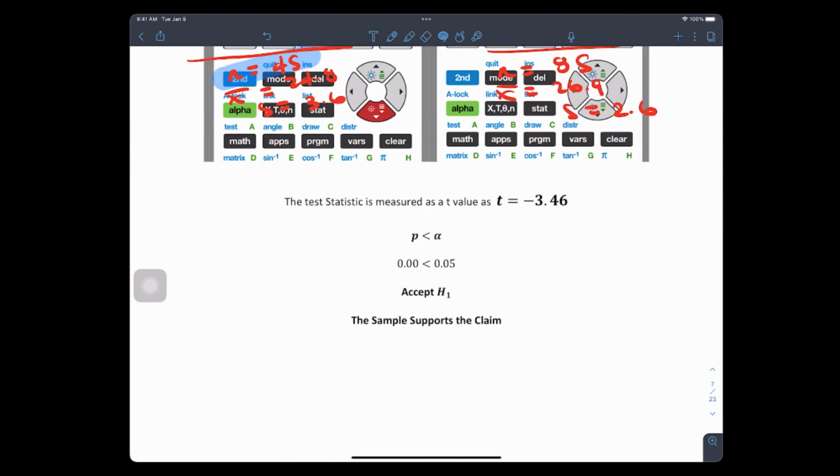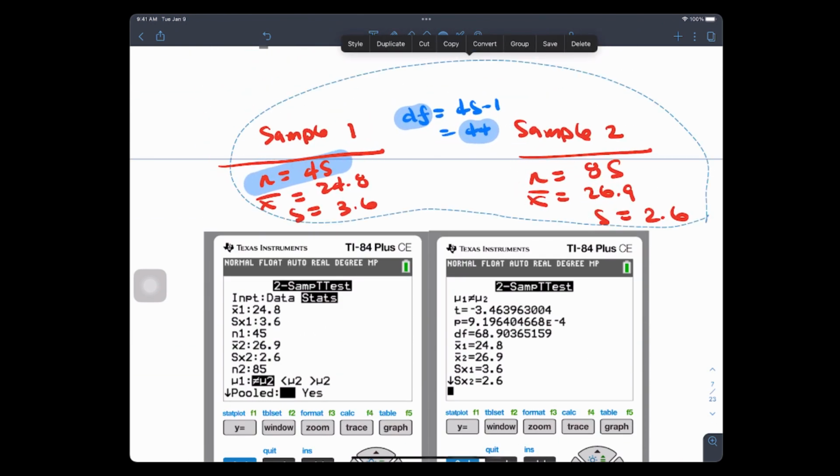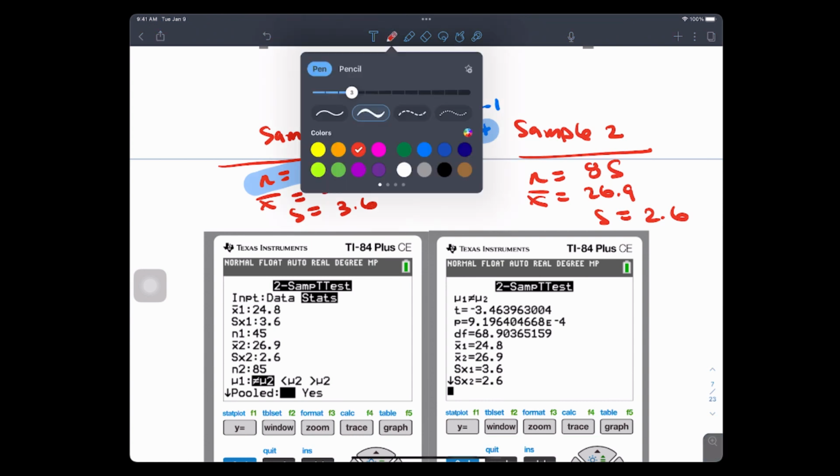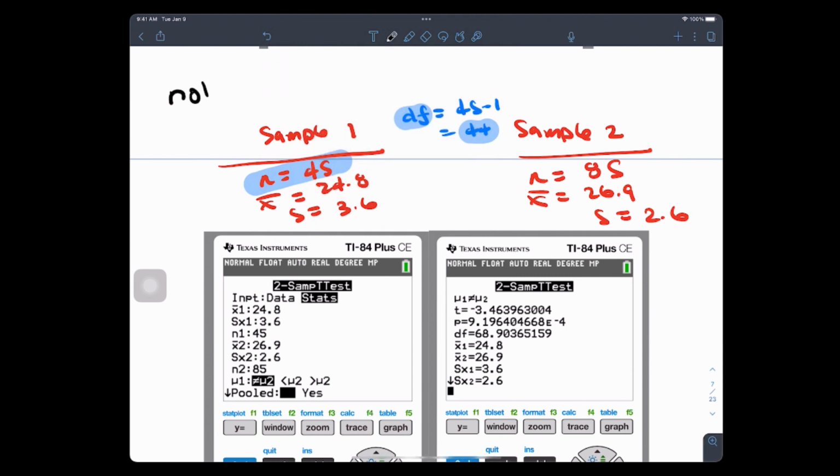Right here. So we're going to enter this into the two sample t-test. Be careful here. I want you guys to note, be very careful. Note: this is comparing mu1 to mu2.